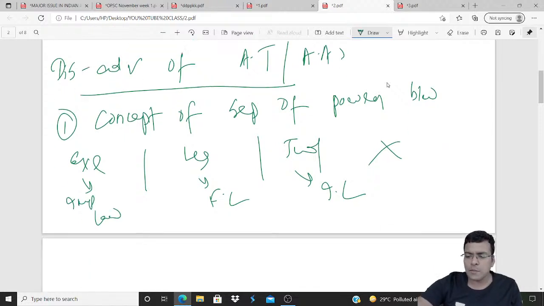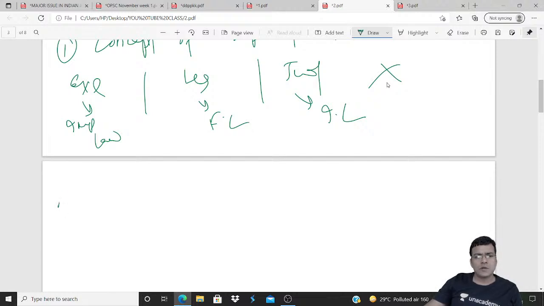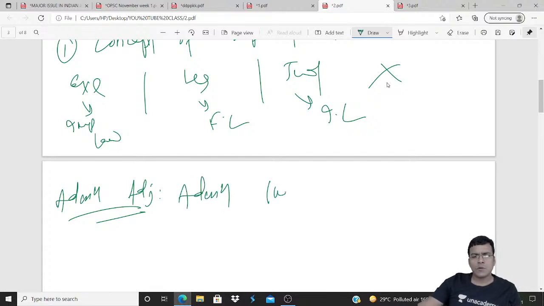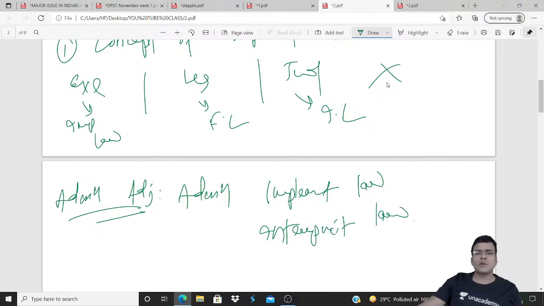But under administrative adjudication, it is the administration who implements law and simultaneously interprets law.